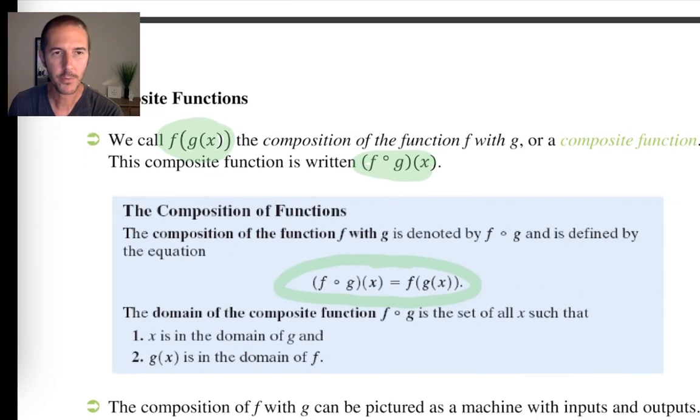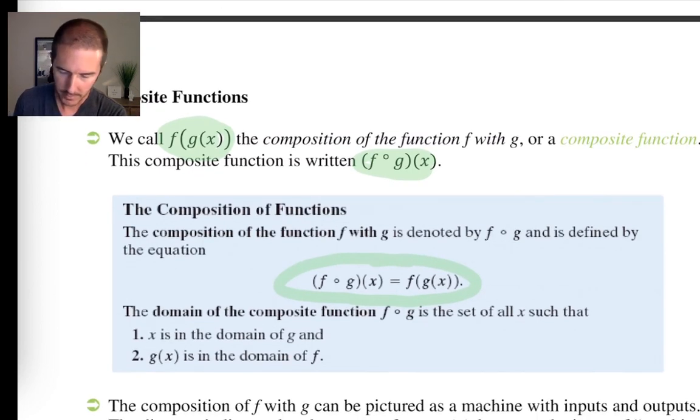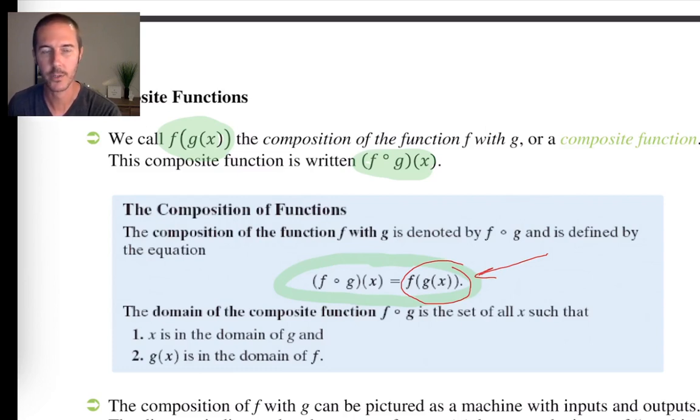I much prefer this notation right here, because I can more clearly see which function is being plugged into the other function. I can see which one's the inner and which one's the outer function. Anytime a problem is given to me using this format, the first thing I typically do is rewrite it using my preferred format.